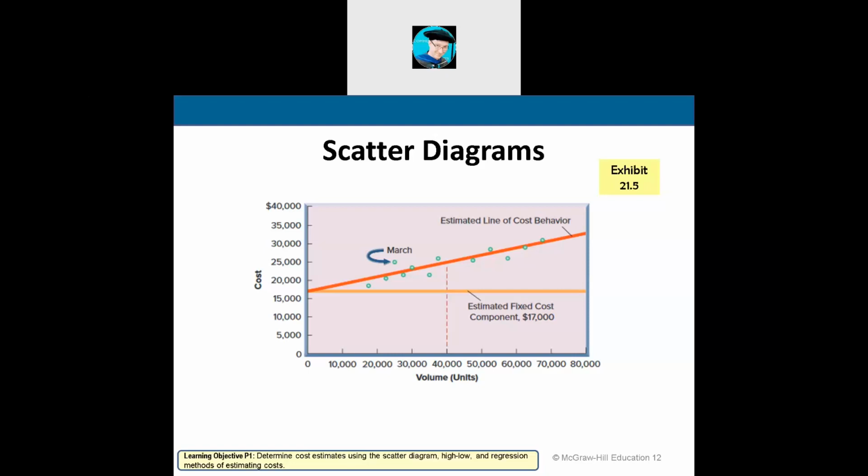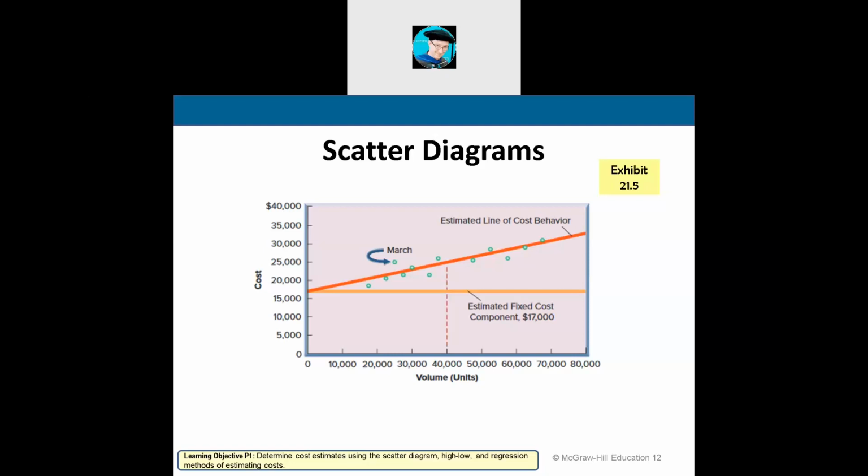But we can say that all of our costs throughout the year were what we call in line. That's the line of cost behavior. That's that dark orange, red color there. And we see the little green dots are very close to that line of cost behavior. What this represents is our variable costs as they fluctuate month to month. And what's the correlation? It's correlated, right?